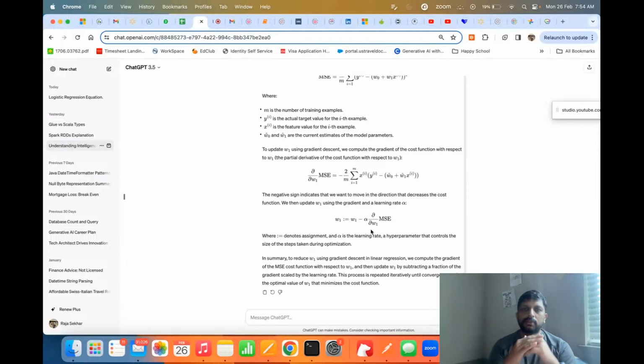That derivative by w1 is used in order to reduce w1, so that within that slope we make sure that w1 is going down that particular slope, right? Similarly, w2 is equal to w2 minus alpha times the differential of the mean square error with respect to w2.